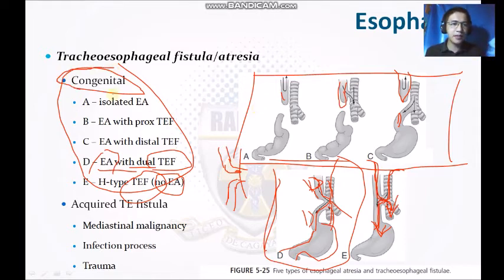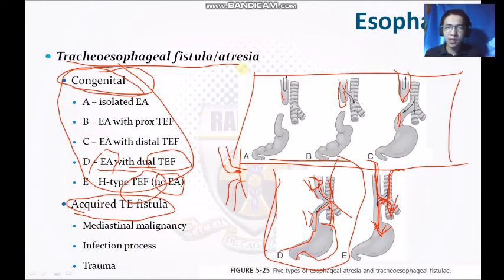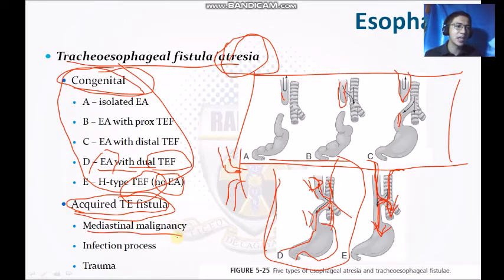Okay, so other than the congenital problems of fistula and atresia, we also have an acquired tracheoesophageal fistula. We cannot have an acquired atresia, because if it is acquired, it is already a closure. The most common is the acquired tracheoesophageal fistula. For example, due to malignancy, for example, cancer. Because cancer is an invasive process.